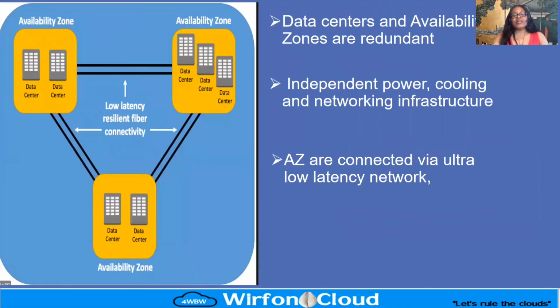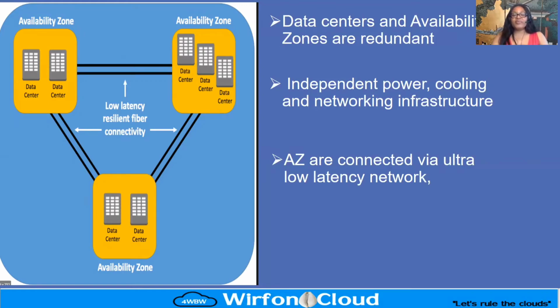It's also important to note here that data centers are redundant, as earlier mentioned, but availability zones are also redundant. This means that availability zones have independent cooling, power, and networking infrastructure, and they are all ready to accept workloads within that region.